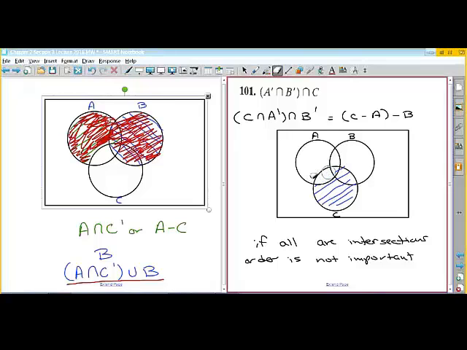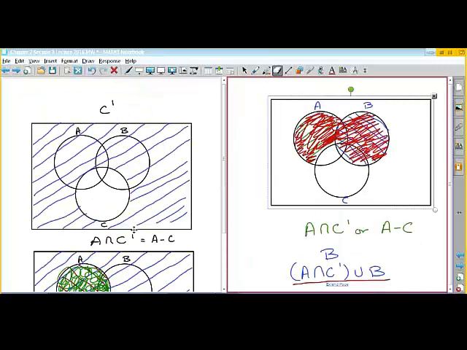I would subtract what's in A, so I just find out the common area between the two, and then I subtract B, and that's my answer.